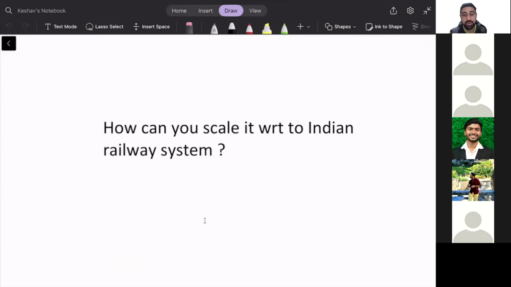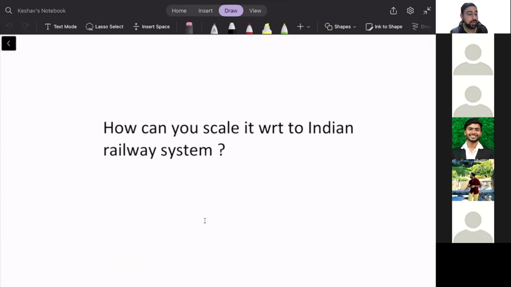We don't have to worry about it. I just wanted to give you a flavor of how a simple problem can be extended to a very complex problem by just changing the scale from a simple railway station to the Indian railway system. Everything changes.